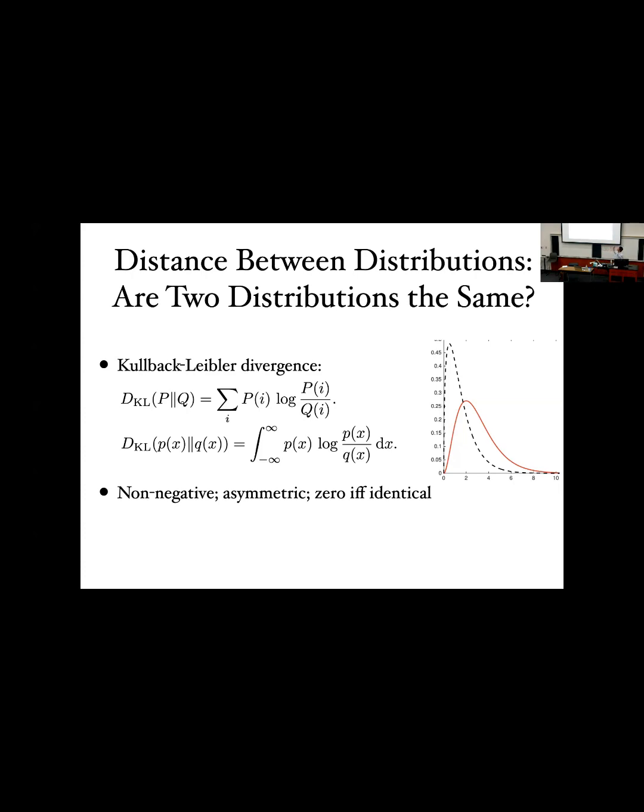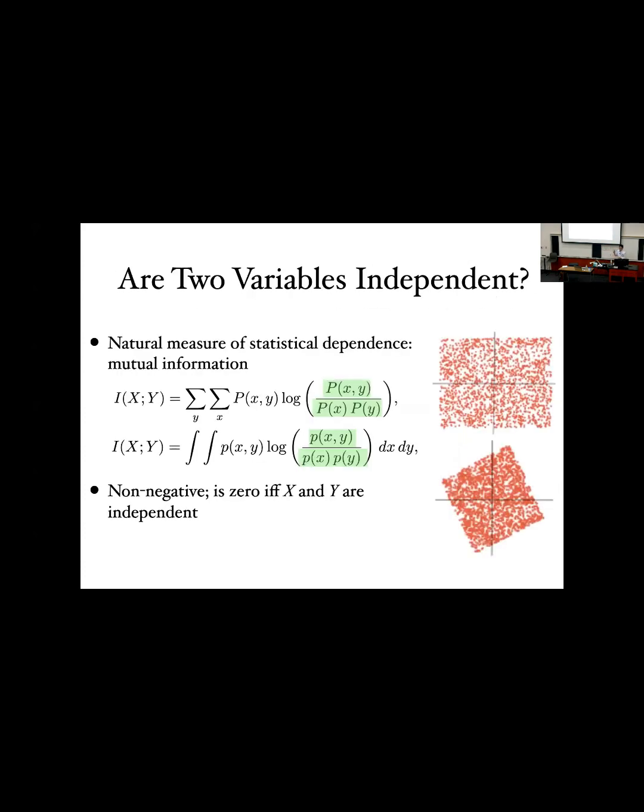And then as a direct application of this measure of divergence, we can define mutual information. Again, now you can see we are trying to see whether variables are dependent or independent. So we know that for Kullback-Leibler divergence, we can just see whether two distributions are the same. If they are the same, then the measure is zero, otherwise positive.